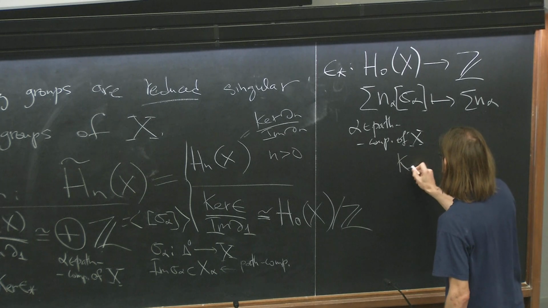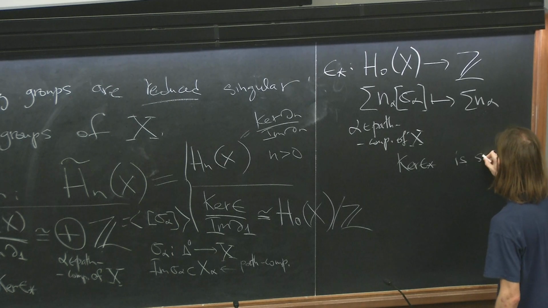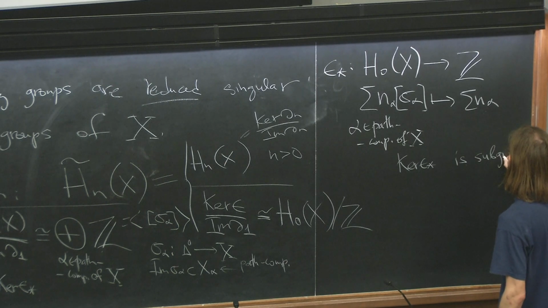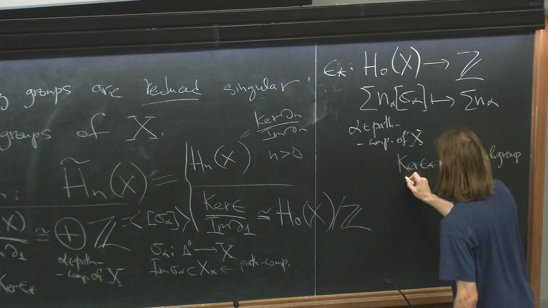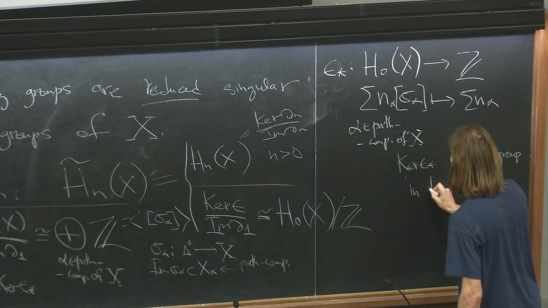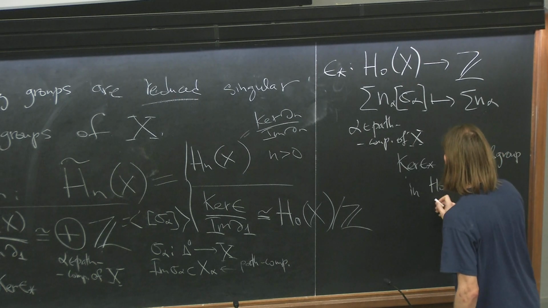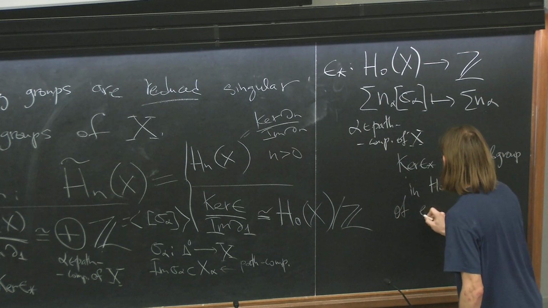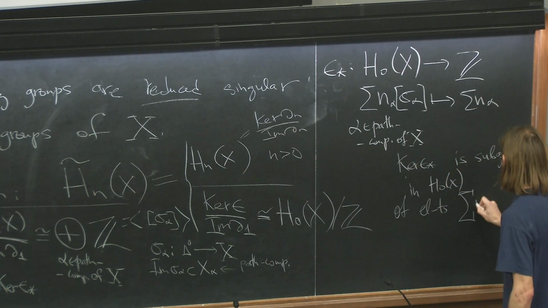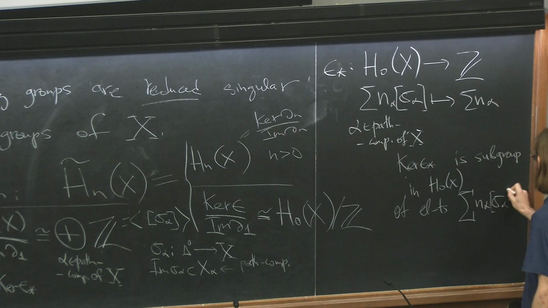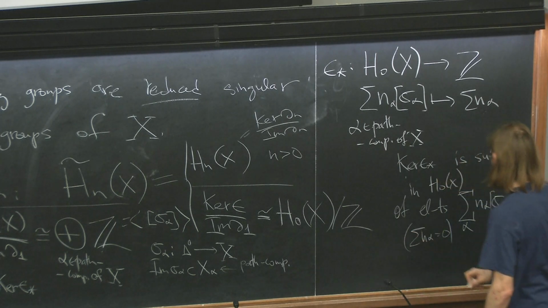So the kernel of epsilon star can be understood as a subgroup in H_0 of X of elements of the form of this sum, so that the sum of the coefficients is 0.